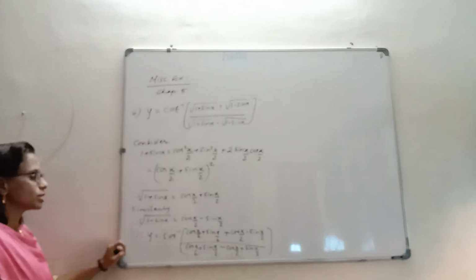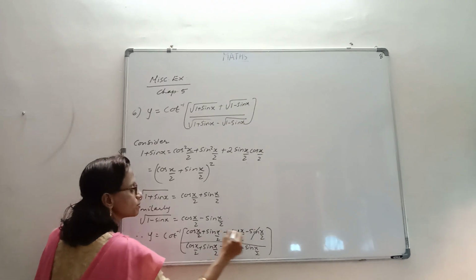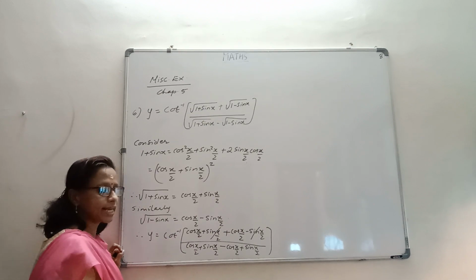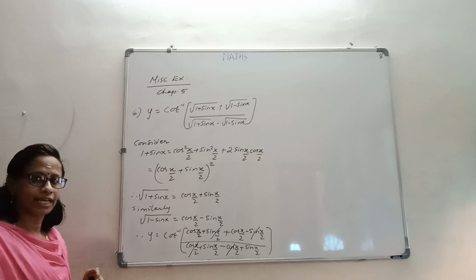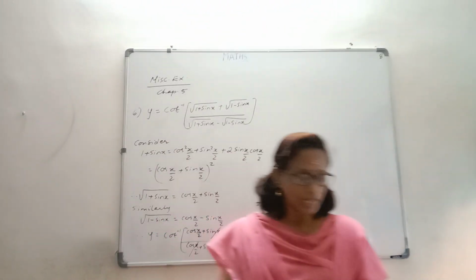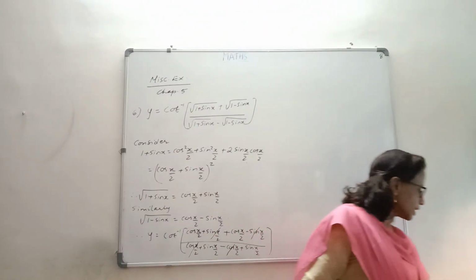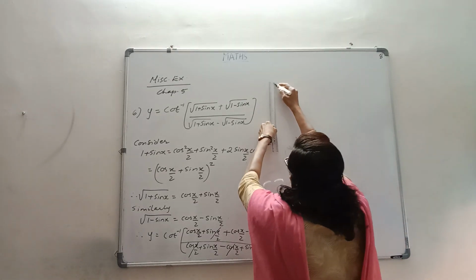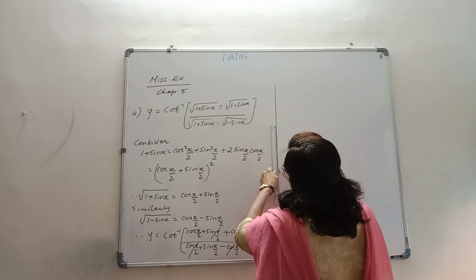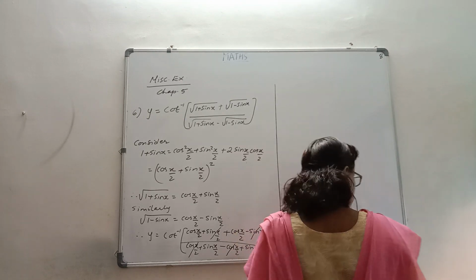What is the advantage? The advantage is that the sin x by 2 from the numerator can cancel, and the cos x by 2 from the denominator can cancel. So as a result, we have the whole thing modified, and the bracket term is getting modified like this.